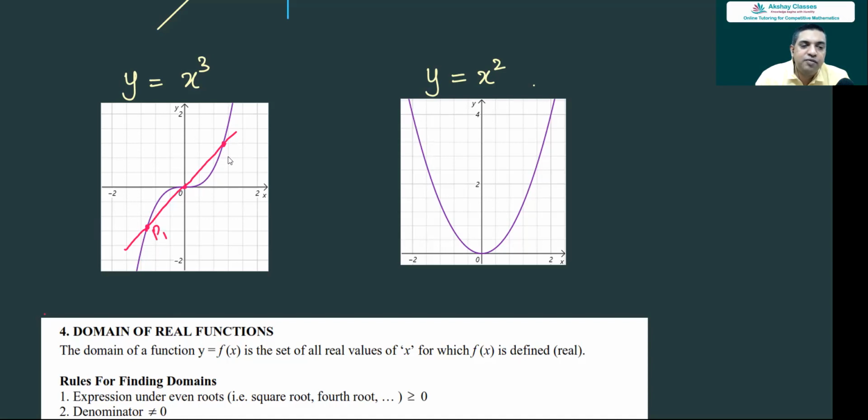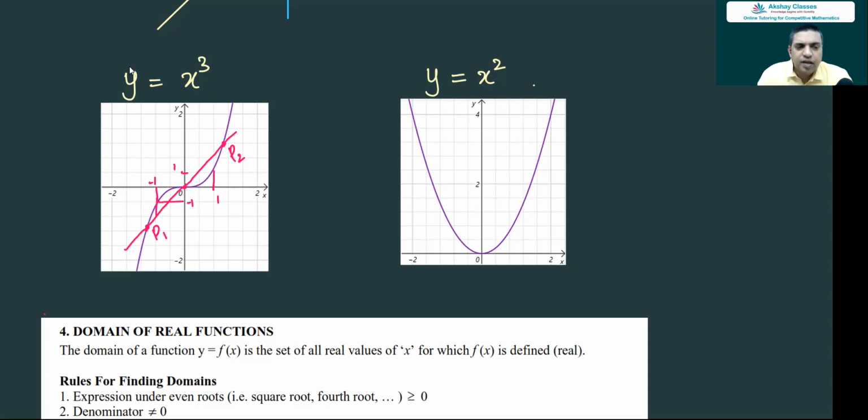Let's say this point is P1, this point is P2. The midpoint of these 2 points will be the origin. So it is odd symmetric. For example, let us take x equal to 1 for argument's sake. For x equal to 1, the value is 1. But for x equal to minus 1, the value is minus 1.